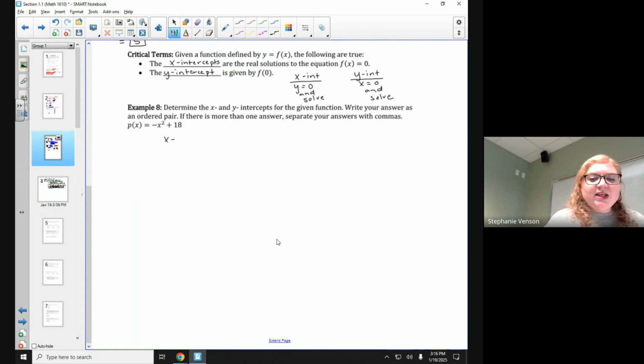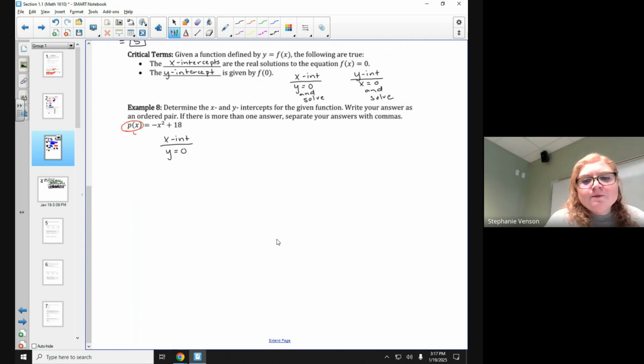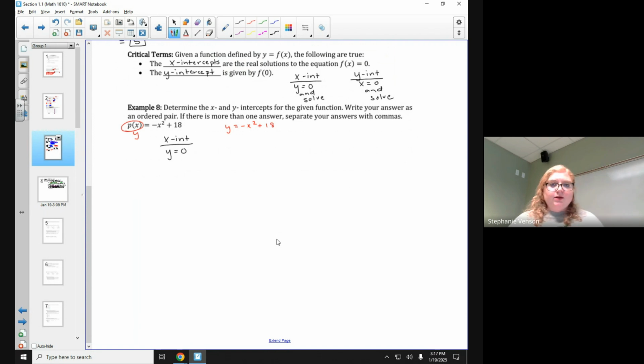Let's find the x-intercept first, where we're going to let y equal 0. Remember, in a function, the f of x or p of x or h of x, whatever this part is over here, that's your y. Another way to write that function would be y equals negative x squared plus 18. When we're finding the x-intercept, we're letting y be 0.